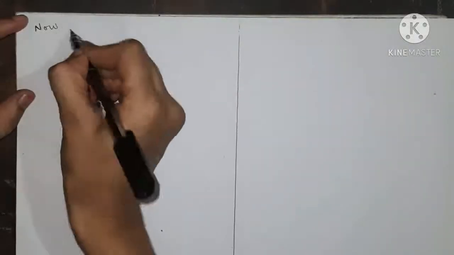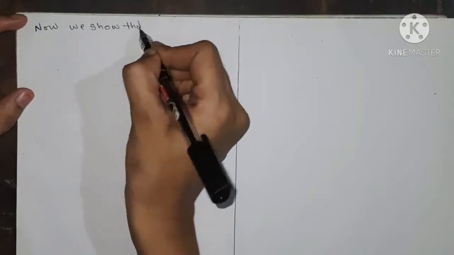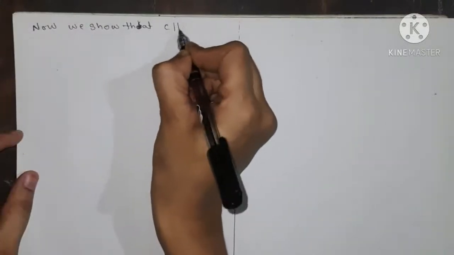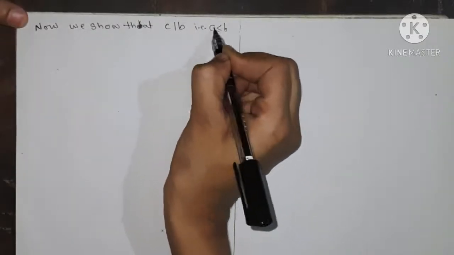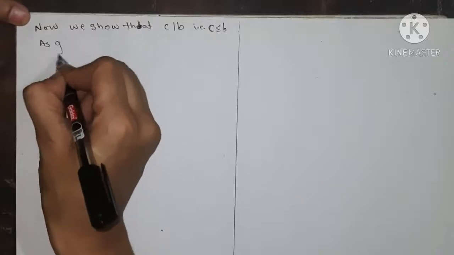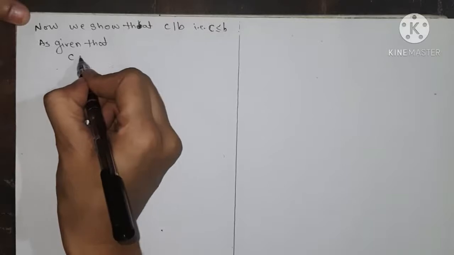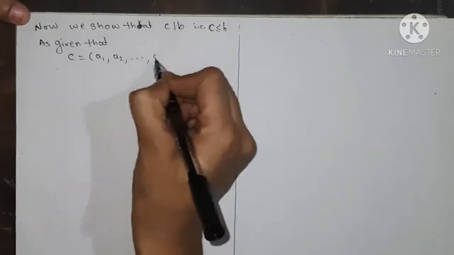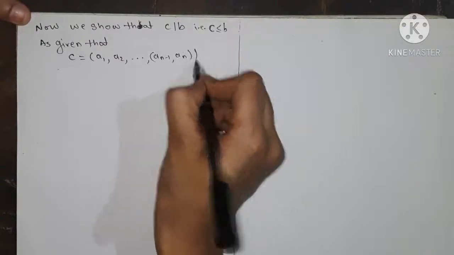Now we show that C divides B, that is C is less than or equal to B. So for this, as given that C is the GCD of A1, A2 and so on, GCD of AN minus 1, AN.